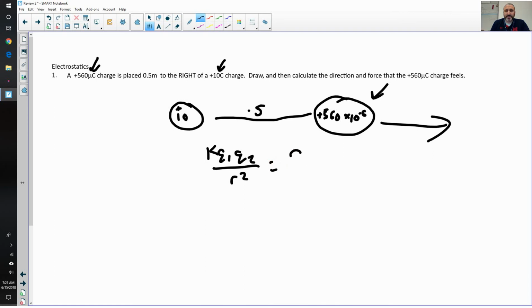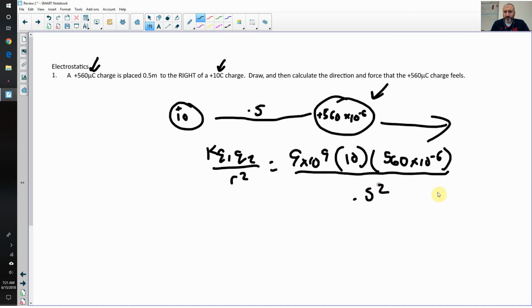So k is 9 times 10 to the 9th. Q1 is 10. Q2 is 560 times 10 to the negative 6th, all over 0.5 squared.